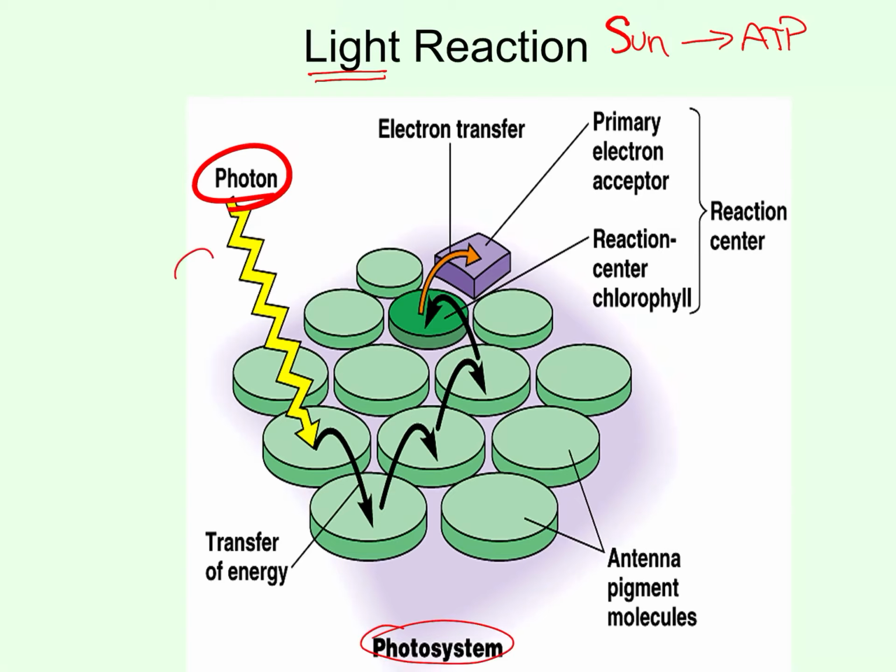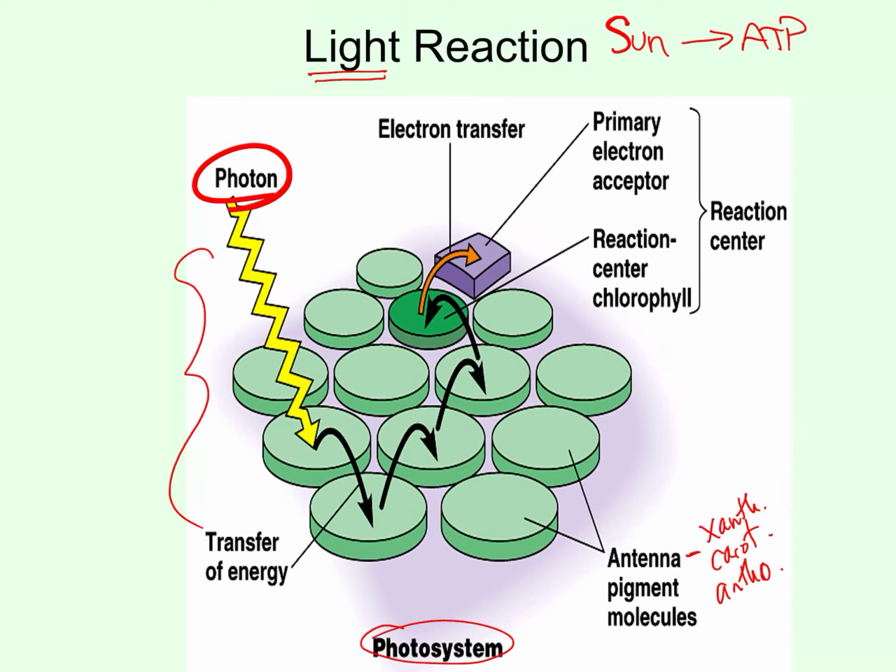It's basically just a little grouping of pigments. So see here the words antenna pigment molecules. These look all green, but they could be all your other colors. They can be the chlorophyll, they can be the xanthophylls, they can be yellows, carotenoids, oranges, anthocyanins, which is our blue.